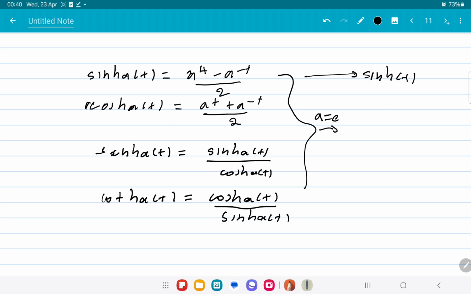So these are called generalized because I can generalize for any base a. So if I plug a equal to e, then I go back to my usual hyperbolic functions.